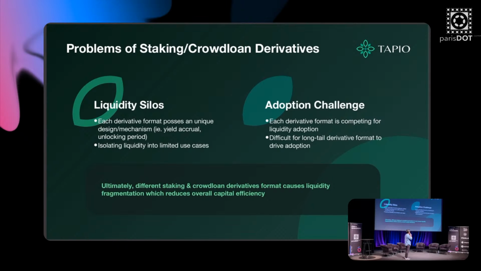The second problem is adoption challenge. This one relates to the first, which is liquidity silos. Ultimately, from a parachain standpoint, if they're introducing these liquid staking or liquid crowdloan solutions, they're competing against each other for liquidity because they're going after the same users that are holding DOT, trying to attract them to contribute their DOT to their own DeFi solutions.